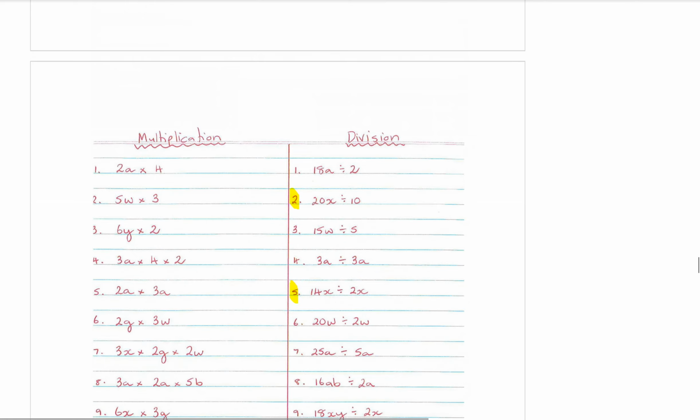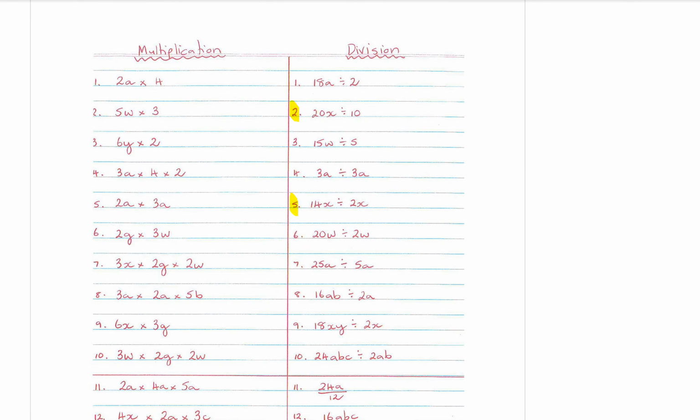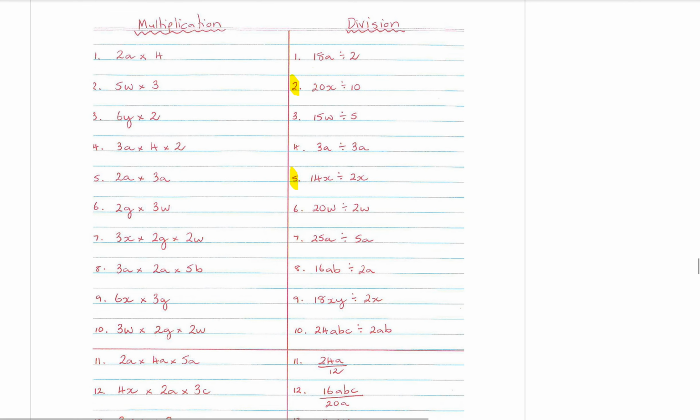Skipping down to the next page, I thought we probably needed to do a few more division ones. So question 2, 20x divided by 10. So this time we can divide those numbers. 20 divided by 10 goes 2 times. And because there's only an x in the first term, there will be an x in the answer, so 2x.